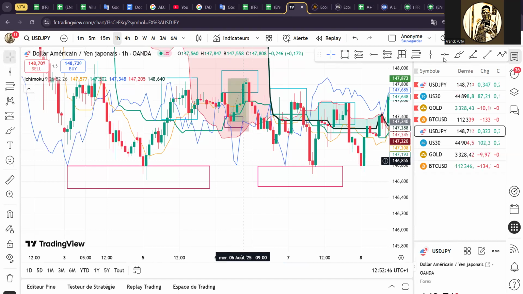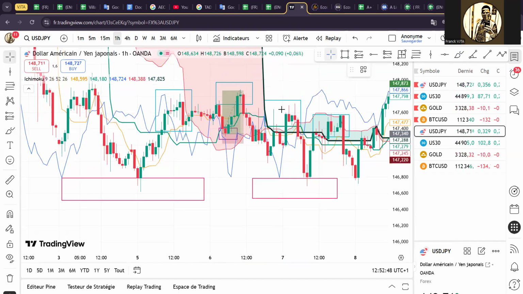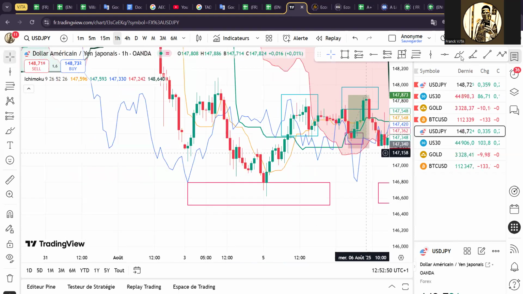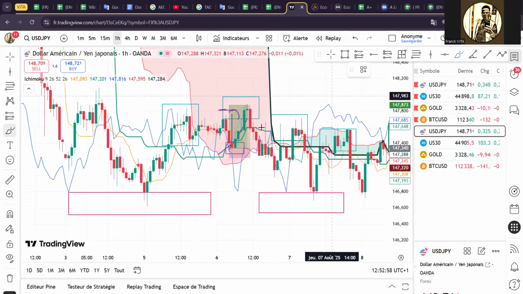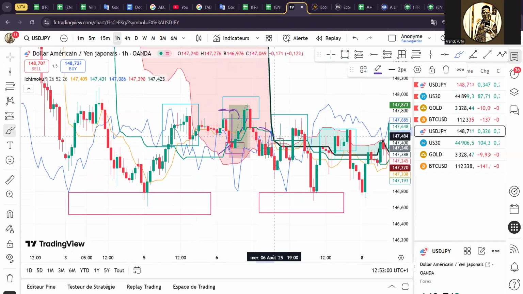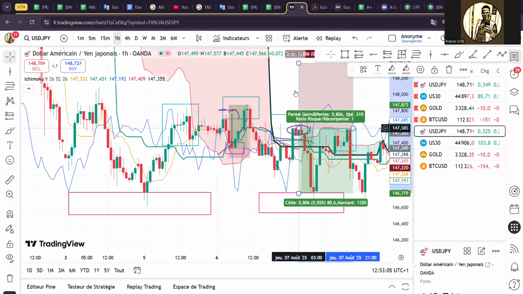And you will see that before we arrive on the right side, Kijun gave you a setup to the upside here, right? But there was a take profit here. After that, dynamically, the direction of Kijun changed. Now it is a sell. Kijun gives you a sell from this point in 1 hour.